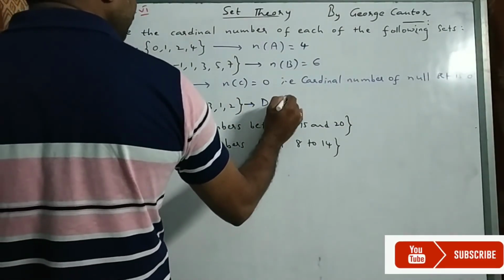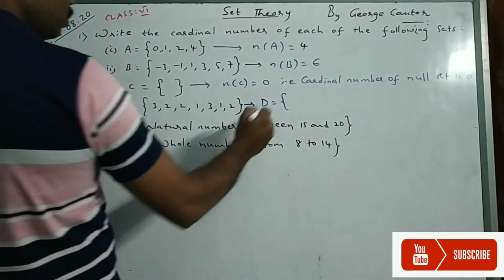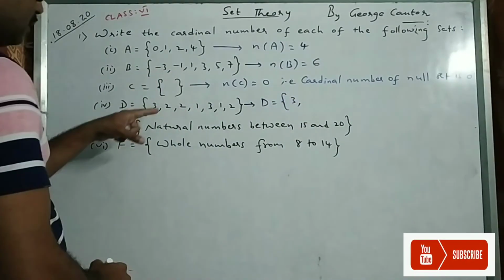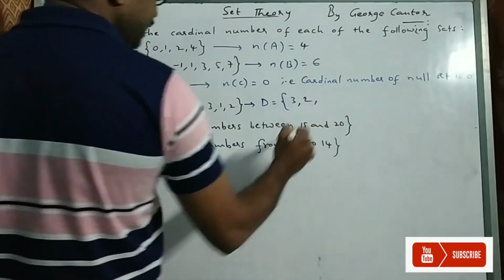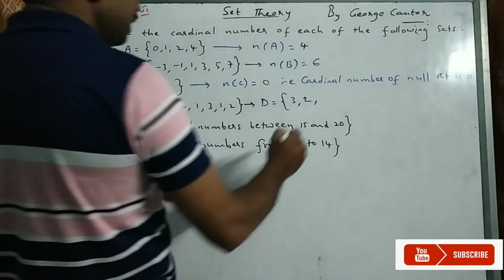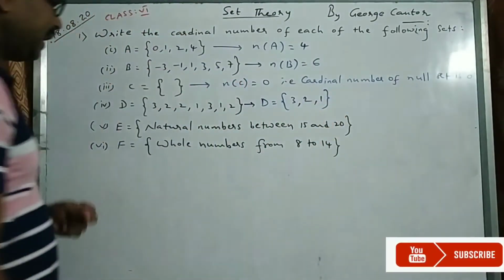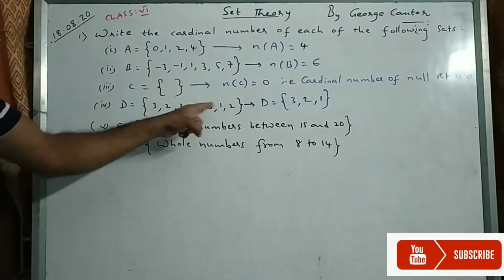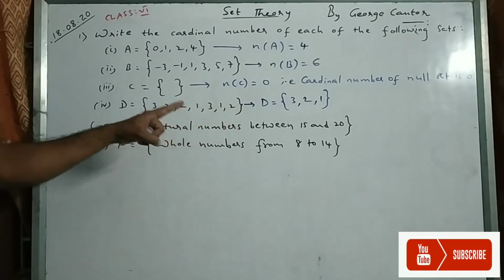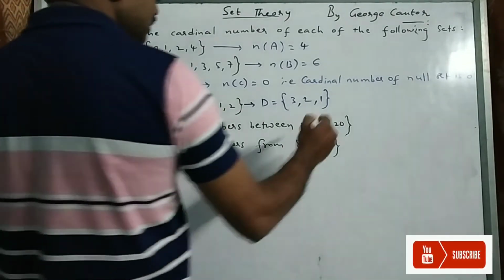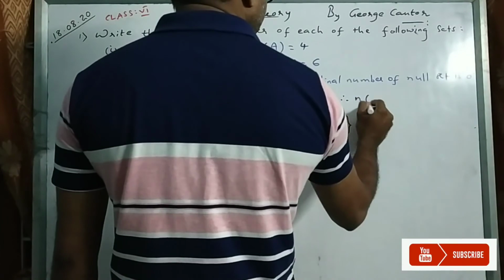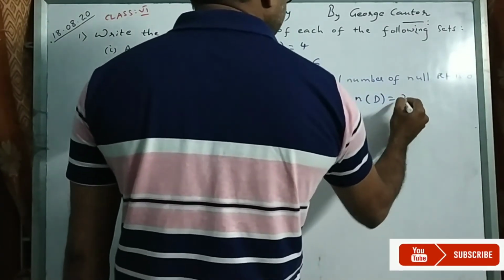So here in D you see, 3 is repeating 2 times, we write only once; 2 is repeating 3 times, we write only once; 1 repeating twice, we write only once. So therefore the number of elements in the set D is 3.